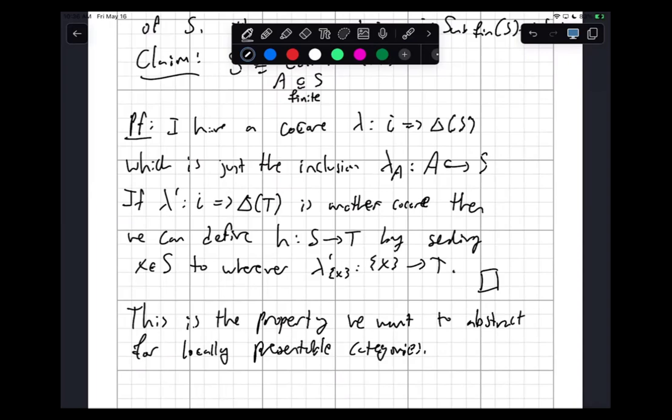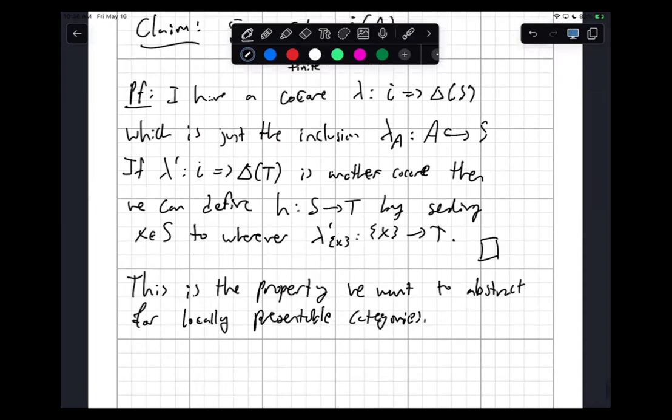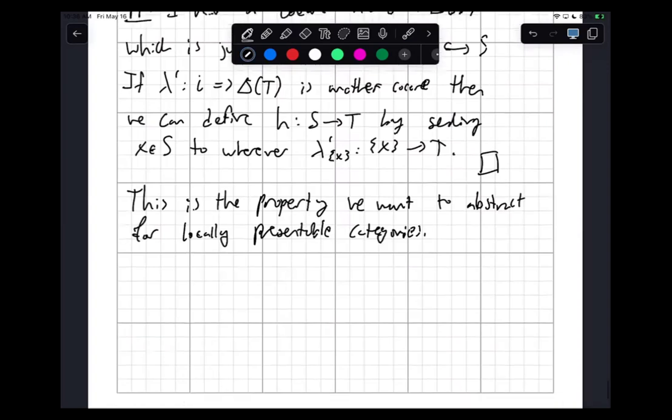And I prefer that, but I think locally presentable categories is quite entrenched in the literature. So oftentimes you'll see locally presentable, but maybe in the homotopical literature, you might see presentable category. Okay, so just be aware of that. Okay, so now let's start satisfying Ray.